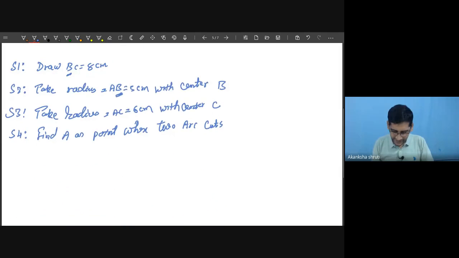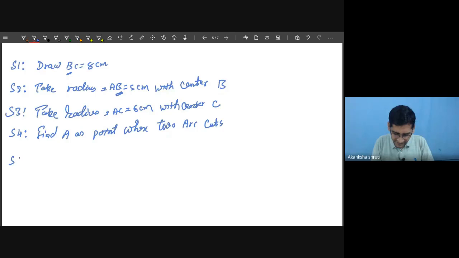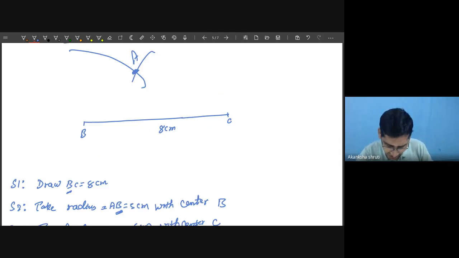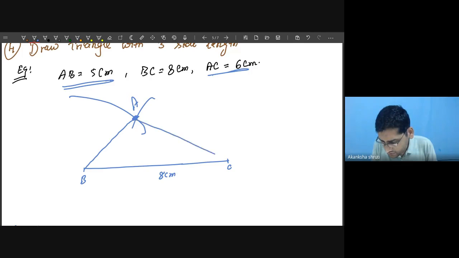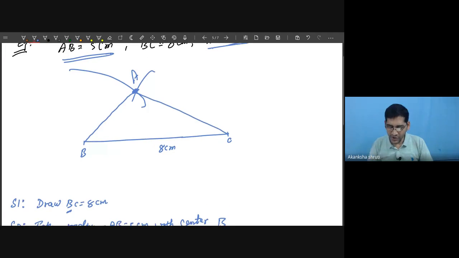Now you have to join AB. So step number 5 is you have to join the A that you have located, AB and AC. So this way, triangle ABC is drawn, meaning join this A to B by a line and A to C by another line. You will observe that this AB will be our 5 centimeter and this AC is our 6 centimeter.